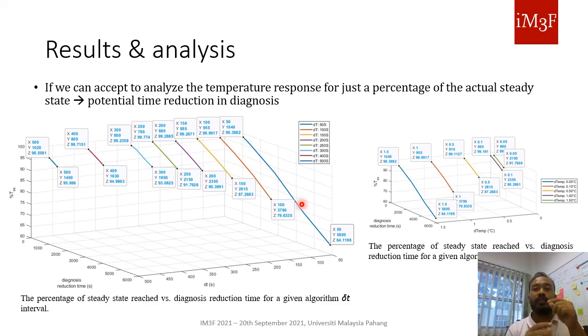But of course, there is a limit. There is a certain definition of DT and DTemp, delta T and delta temp, that need to be used. And these two graphs indicate the influence of delta time and delta temperature needed to get the optimum diagnosis time reduction.